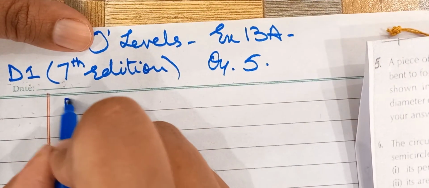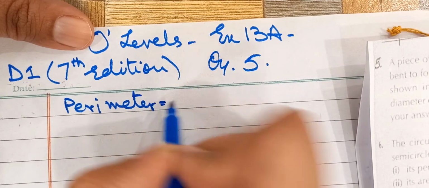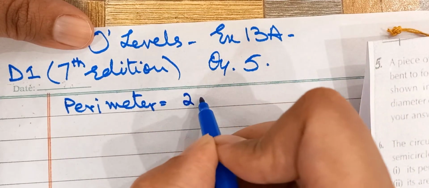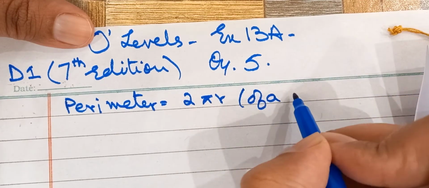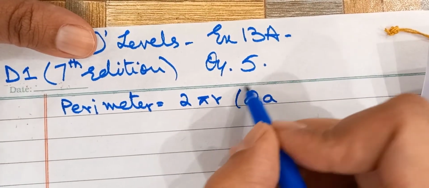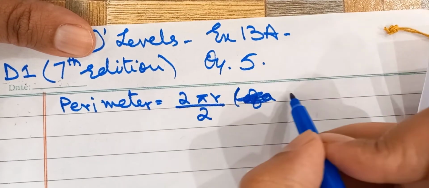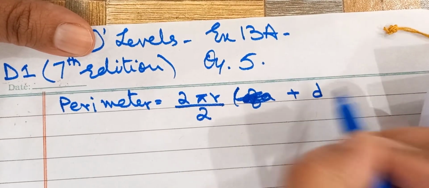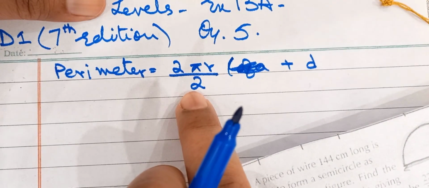So I will write down the formula: perimeter is equal to 2 pi r by 2 plus d. I have written this 2 underneath because a semicircle is involved.